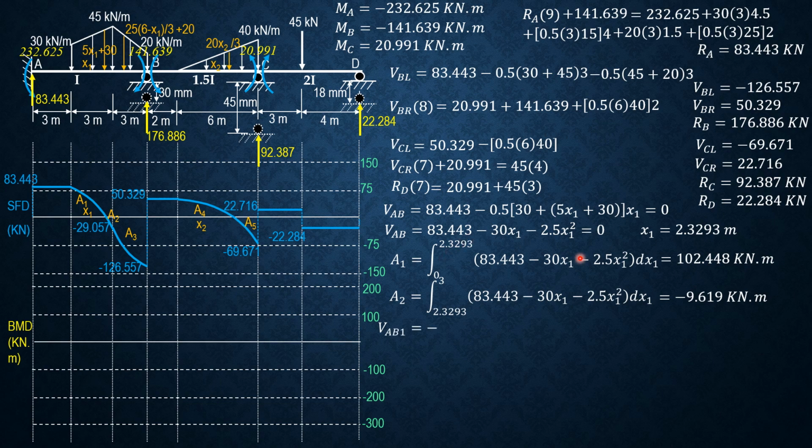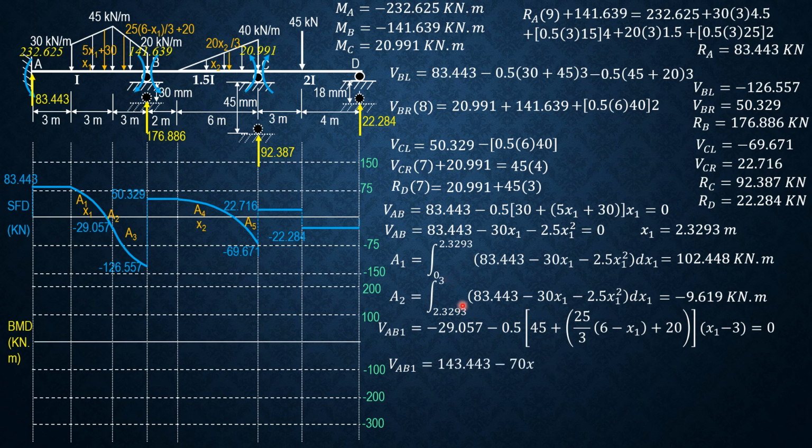Therefore, area 1 can now be solved. Integral of shear equation dx1 from 0 to 2.3293. So area 1 is equal to 102.448 kilonewton meter. Area 2 integral, same integral except the limits 2.3293 to 3 rather.